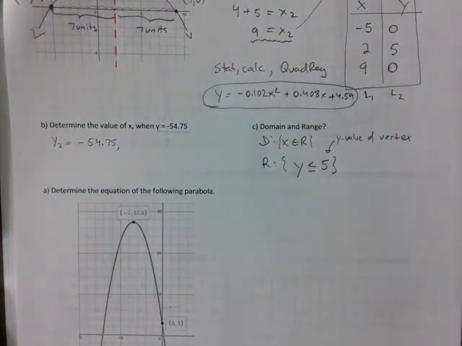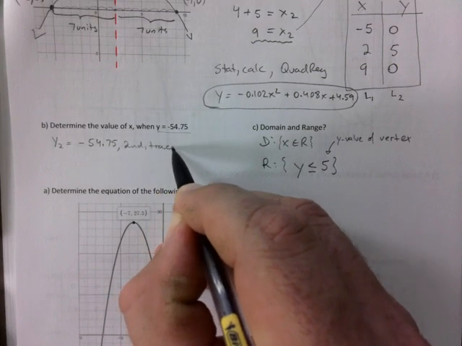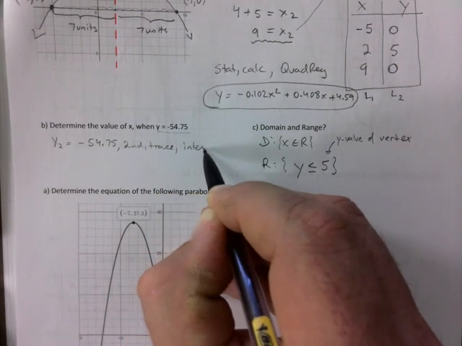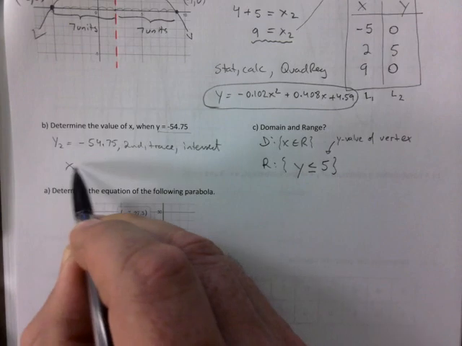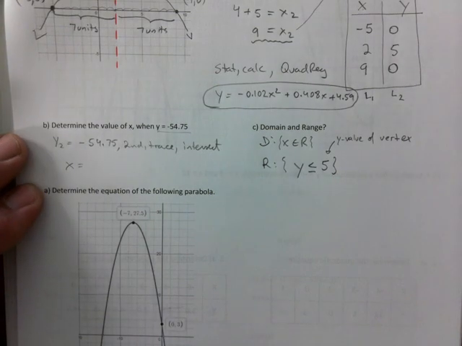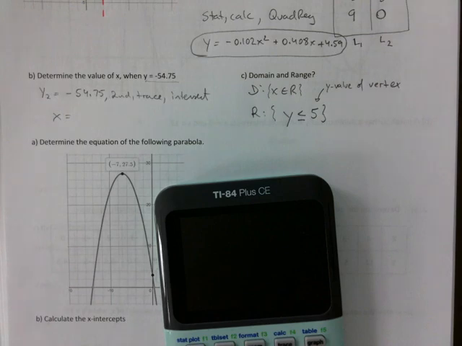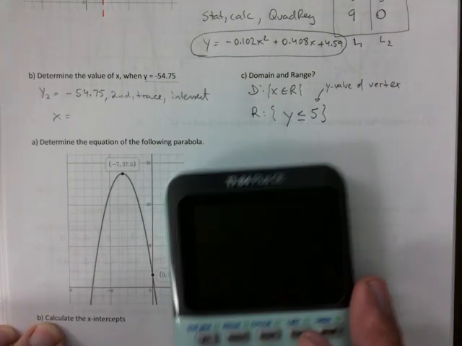You're going to graph that line, and then you're going to go second, trace, intersect. And always try to show me keystrokes. If yours look a little different than mine because you forgot how exactly you did it, or I did it, that's fine. Just show me what you pressed to get there.